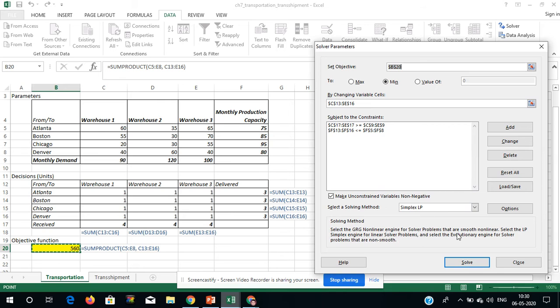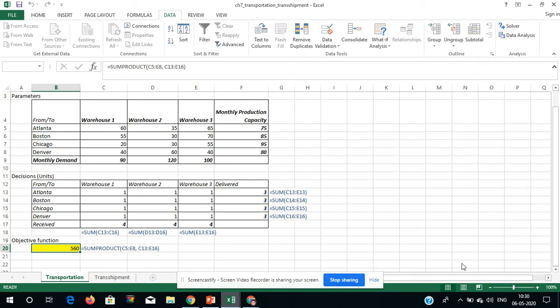Okay, so both the constraints have come here. Now let me solve using the solver. So I say keep solver solution.